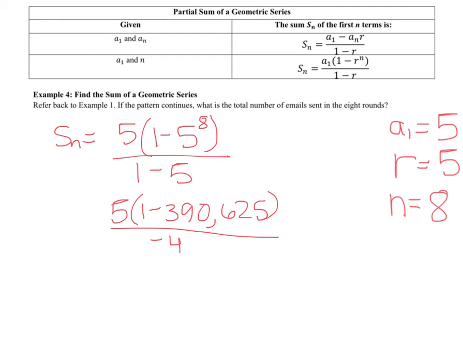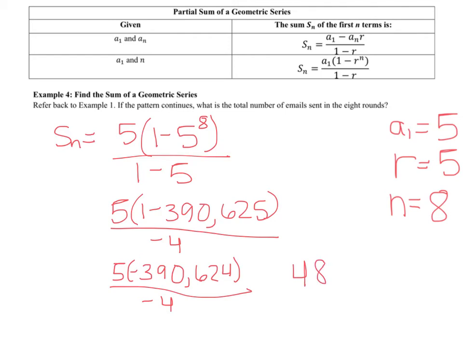So if I take 1 minus 390,625, I'm going to end up with 5 times negative 390,624, all over negative 4. So if I multiply by 5 and divide by negative 4, my answer is 488,280. And these are emails.